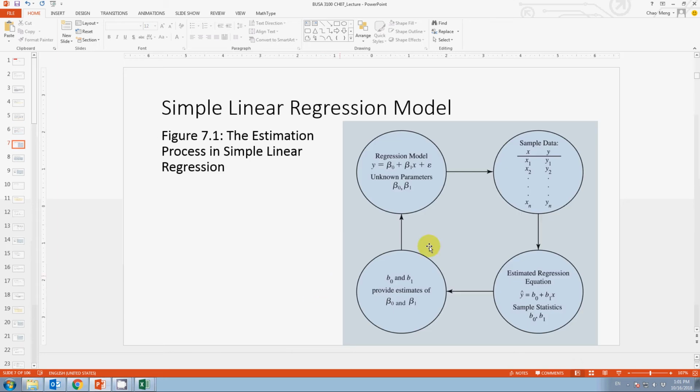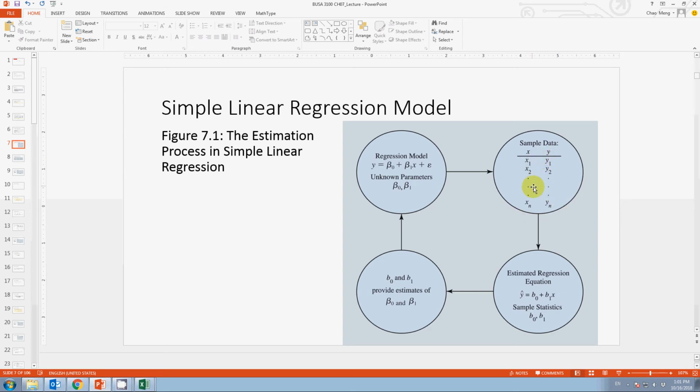So here's how we do this simple linear regression, how to estimate beta 0 and beta 1 by getting b0 and b1. This is the general form we just discussed. We don't know those parameters, but we want to estimate them. So how do we do that? We get our sample. We get the x values, y values. Those are the real data, the sample data we collect.